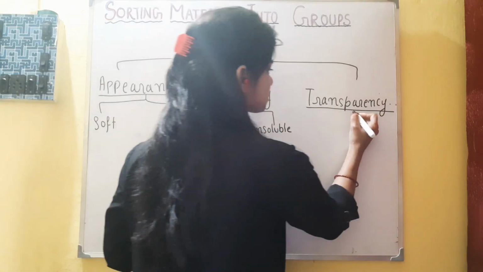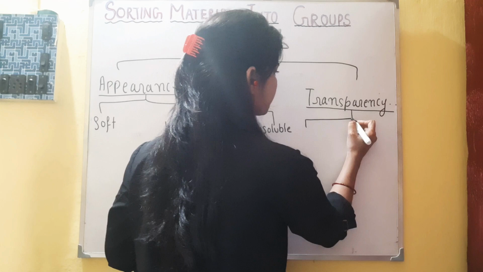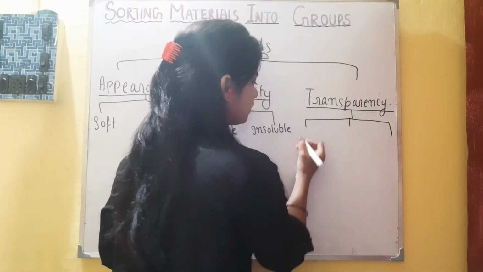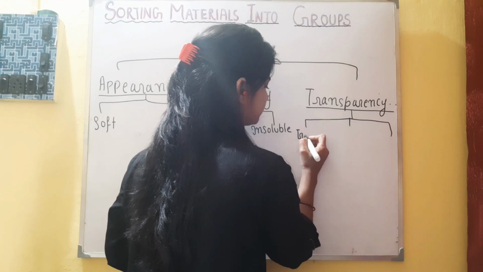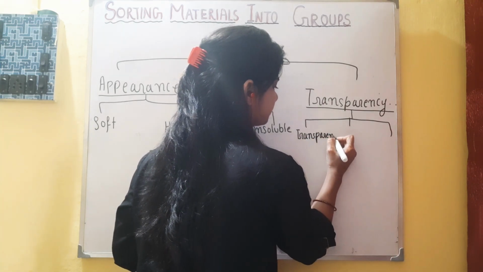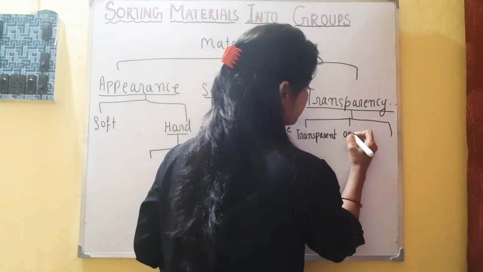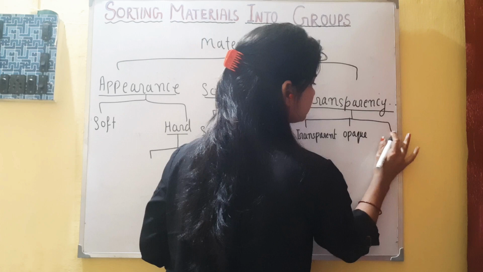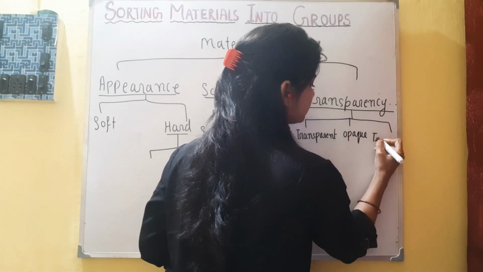And on the basis of transparency, we divide into three groups: transparent, opaque and translucent.